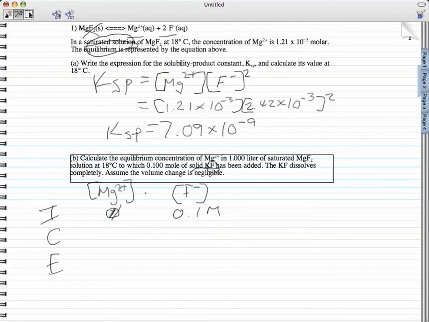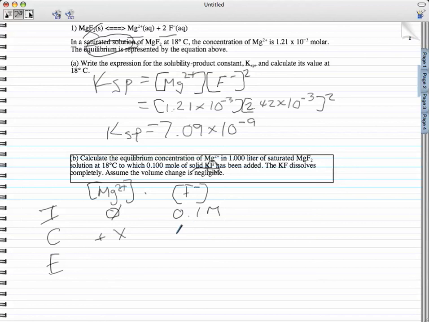Okay, and so change, so if we have none of that, and we're going to add a bunch of magnesium fluoride, we're going to add some magnesium here, which we'll call this value X. Then, if we know that's X, we're still going to add some fluorine in the process, and this is going to be related by our balance equation.